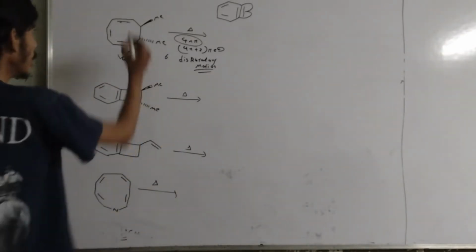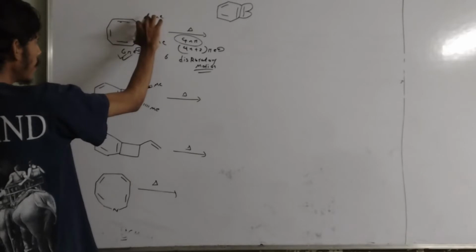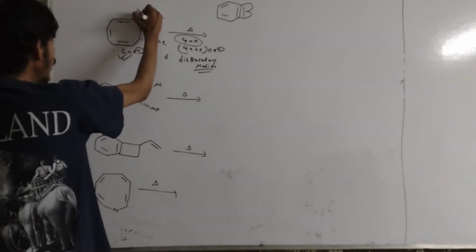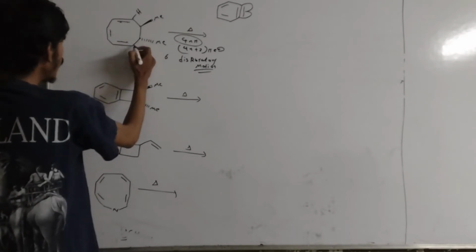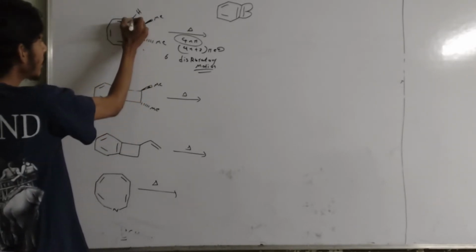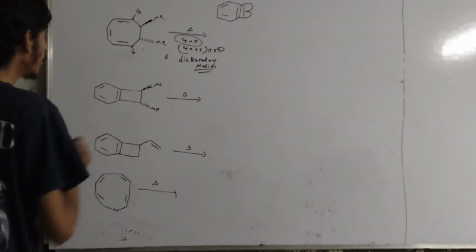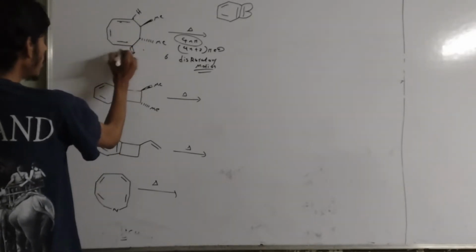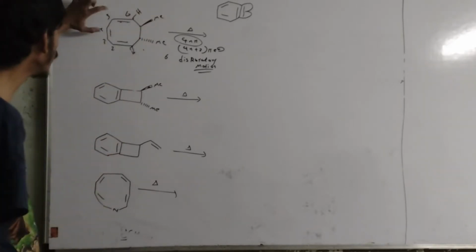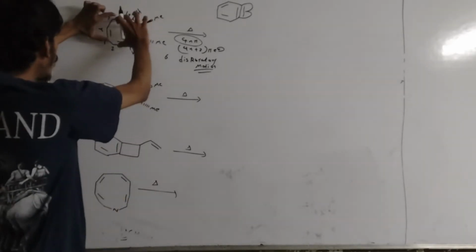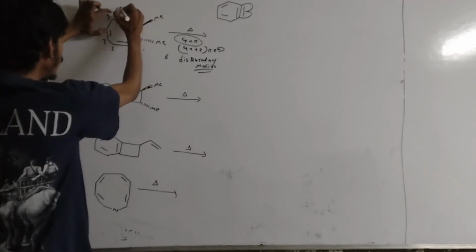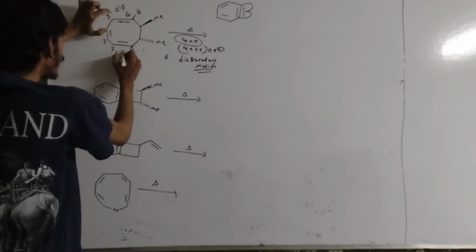So these two carbons are preserved, no change in this stereochemistry, and also no change in the stereochemistry of this carbon as well. I number the carbons 1 2 3 4 5 and 6. You can clearly see that both these double bonds are cis double bonds.